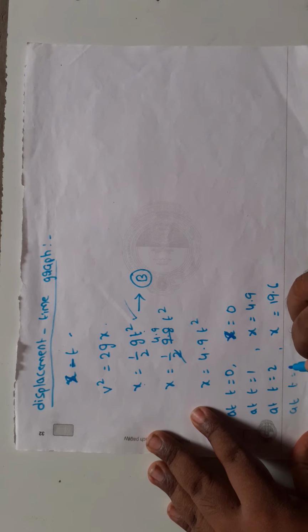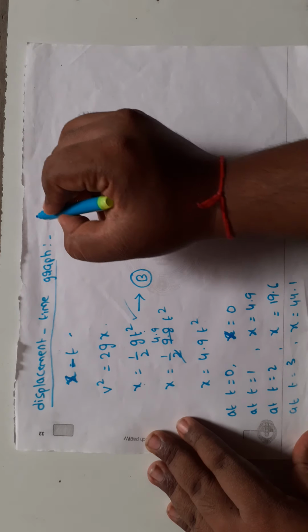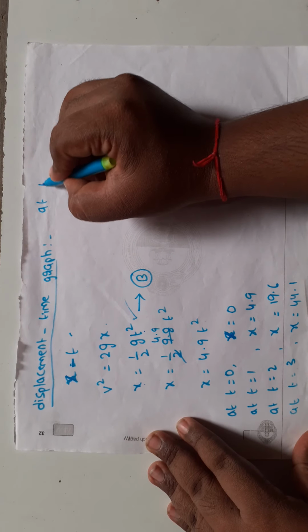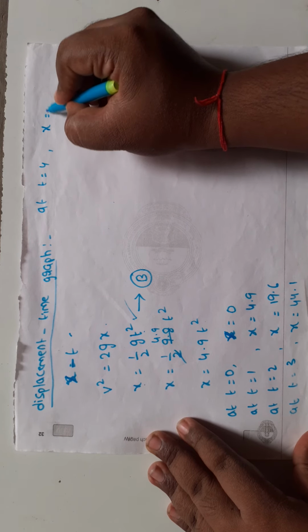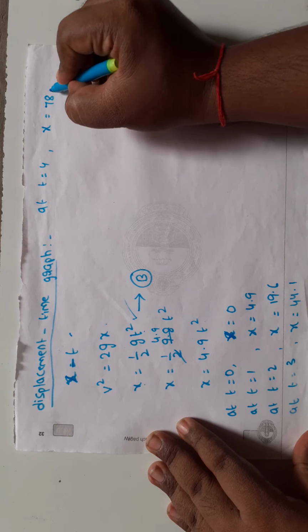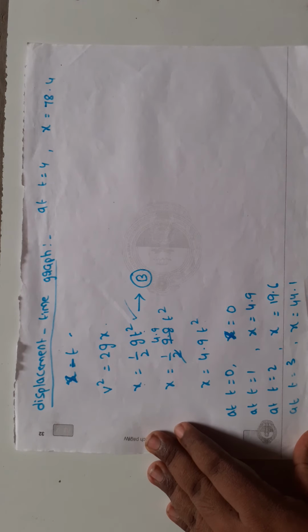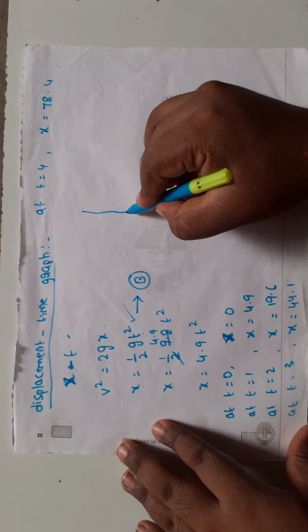At time t equal to 3 seconds, x equal to 44.1. Next, at time t equal to 4 seconds, displacement x equal to 78.4. Graph.